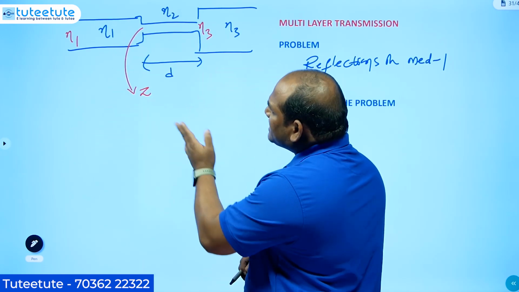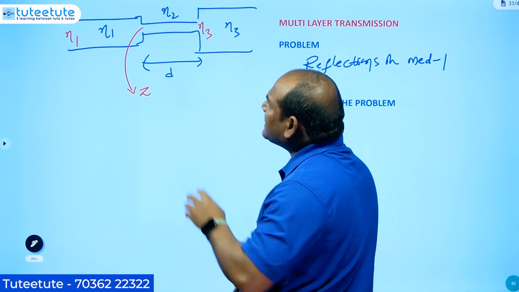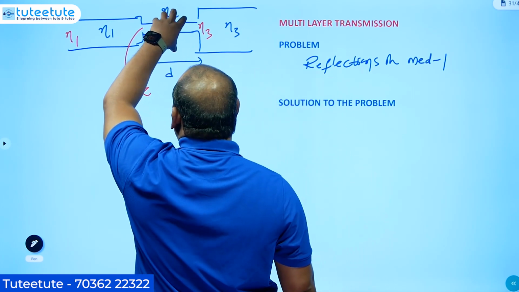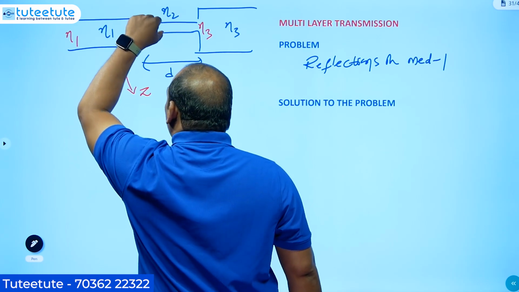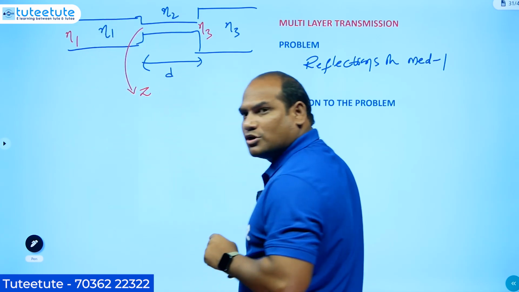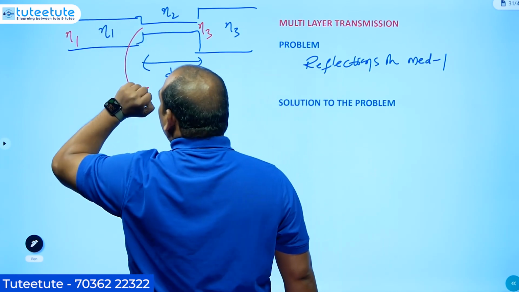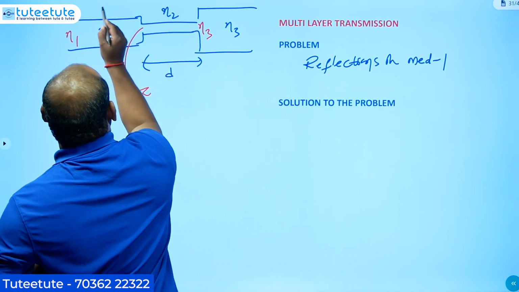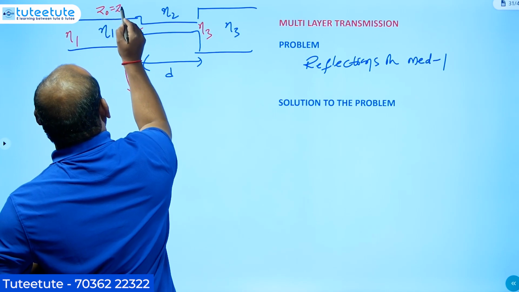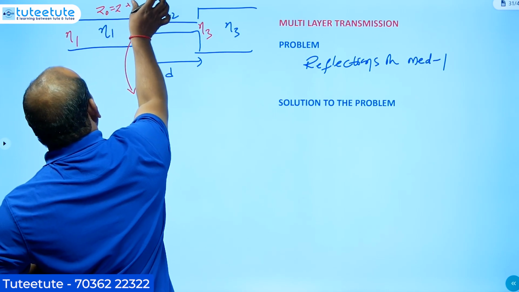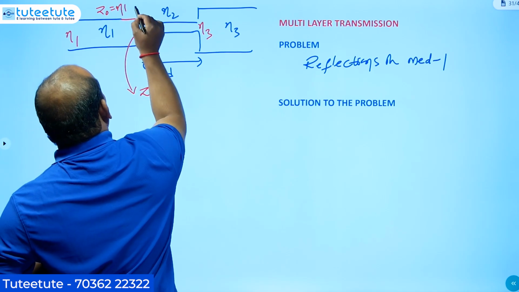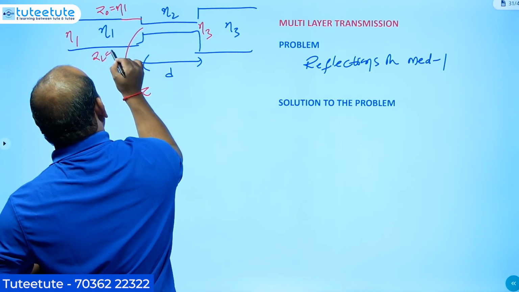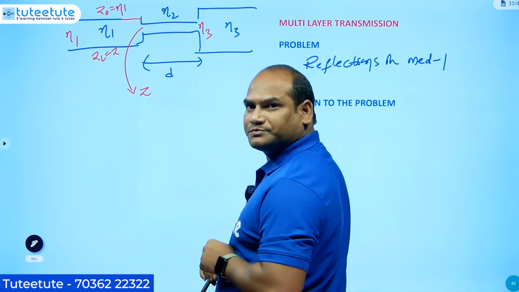By seeing this, it is a cascaded connection. So the input impedance of transmission line 2, that is Z we are indicating, is the load for transmission line 1. So for transmission line 1, the characteristic impedance Z0 is equal to eta 1 and its load impedance is equal to Z.